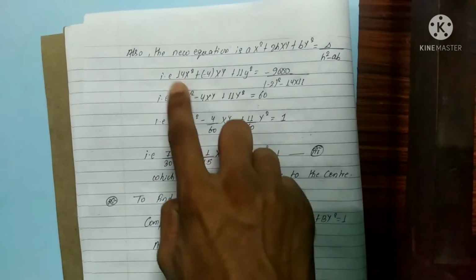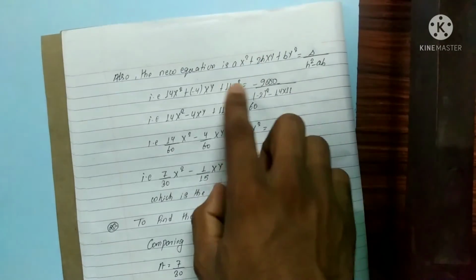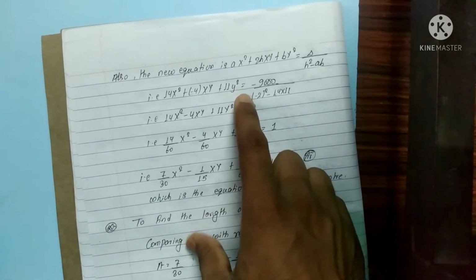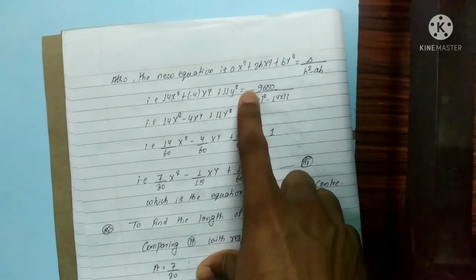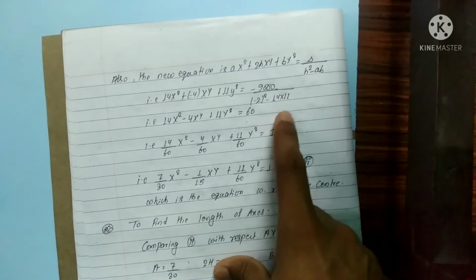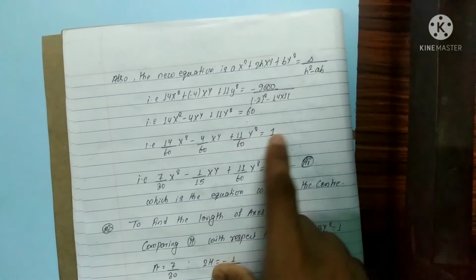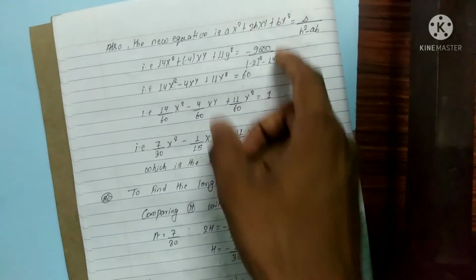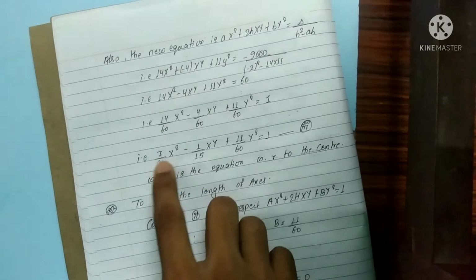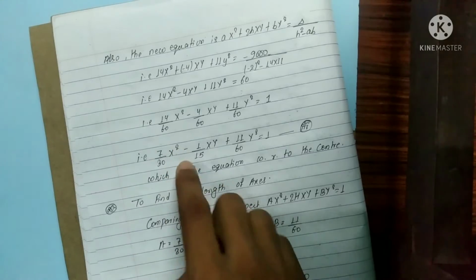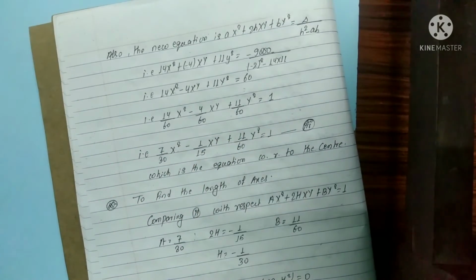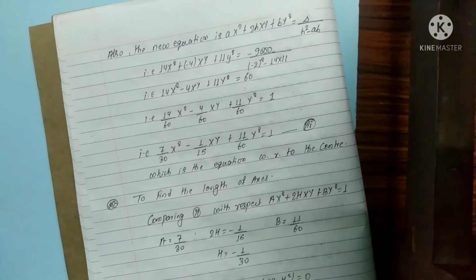Here a is 14, 2h is equal to minus 4, b is 11, delta is minus 9,000, h is minus 2. Now we found the equation 14 by 30 X squared minus 4 by 30 XY plus 11 by 30 Y squared is equal to 1, which is the equation with respect to the center.